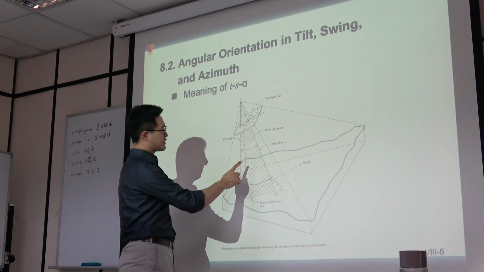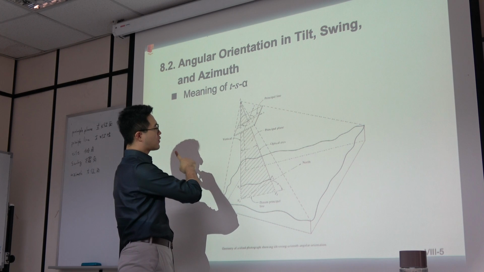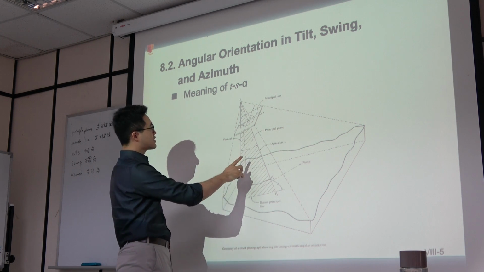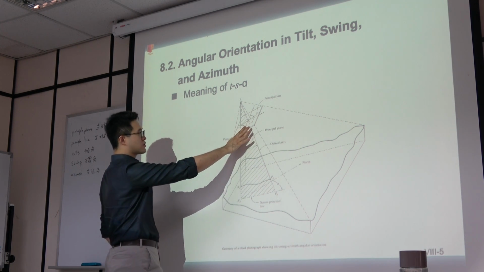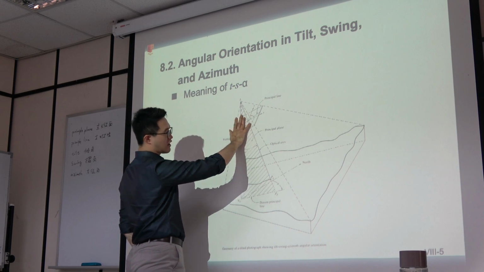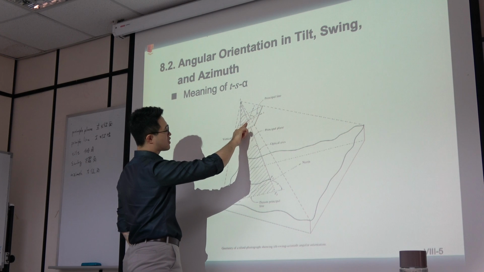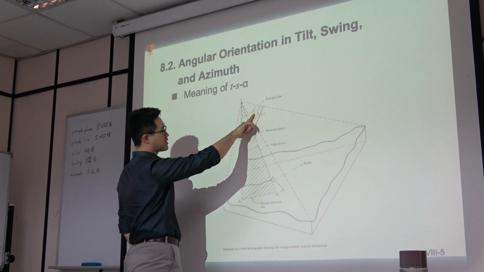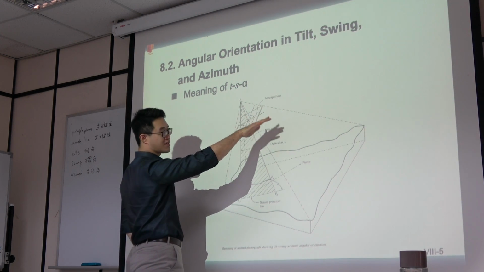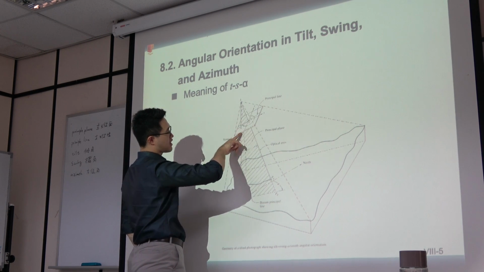Okay, then the other thing, let's define the swing angle. As you can see, the swing angle is over here. On the image plane we have the principal line, and on the image we also have a coordinate system, so we have the x-axis and y-axis.